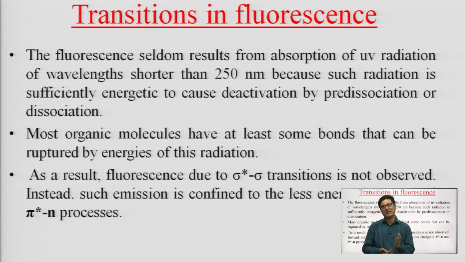In that case you can observe the pre-dissociation or dissociation process. So to decrease dissociation or pre-dissociation, we should always use a wavelength above 250 nanometer, because it has relatively less energy, so it cannot cause pre-dissociation, dissociation or rupture of the bonds.